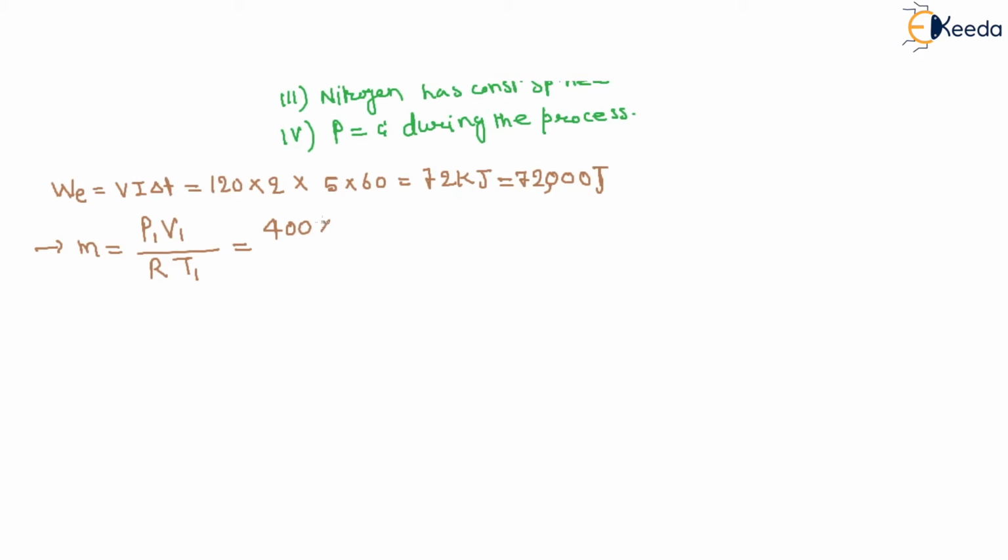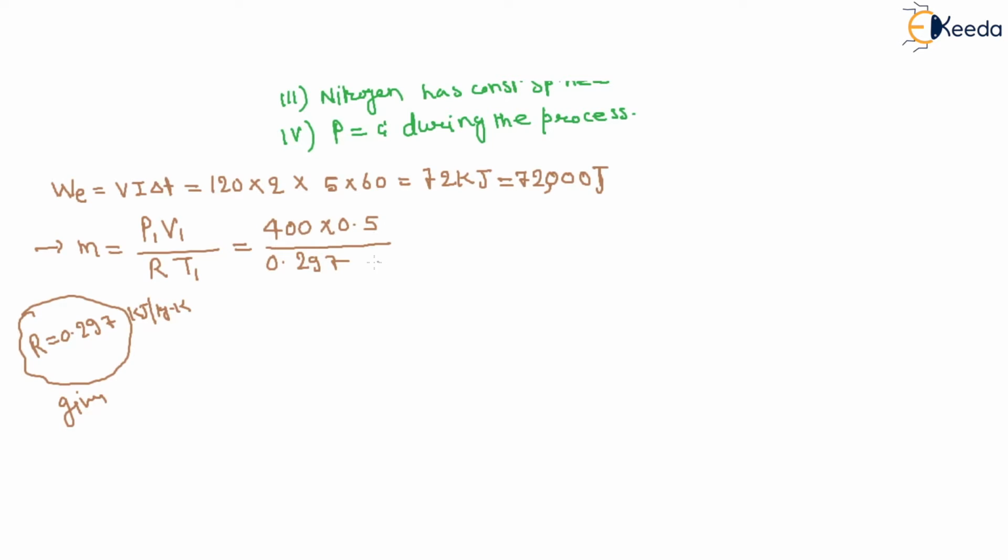What is V1? 0.5. What is R? 0.297. R is the gas constant, and this is given in kilojoule per kg Kelvin.